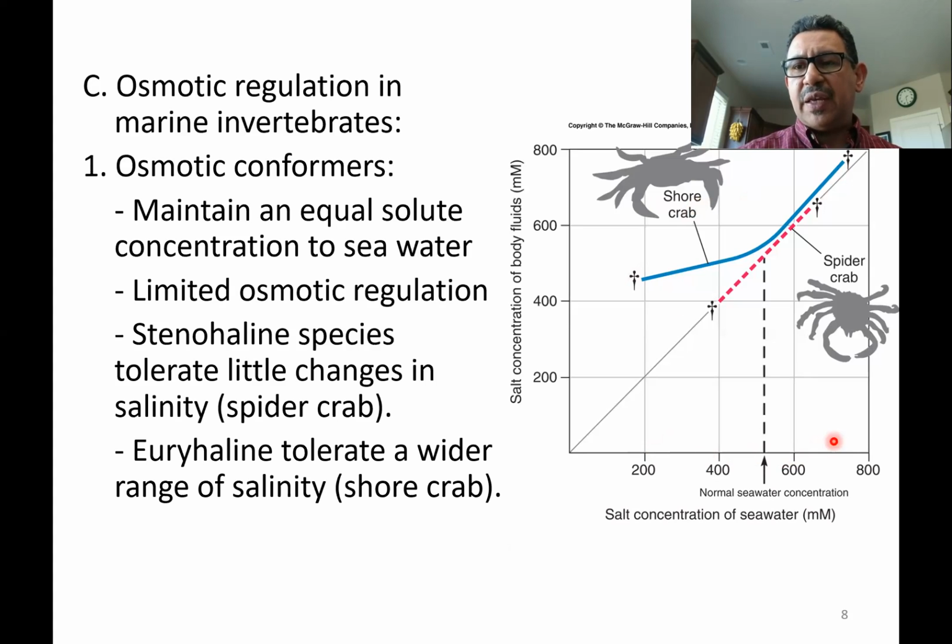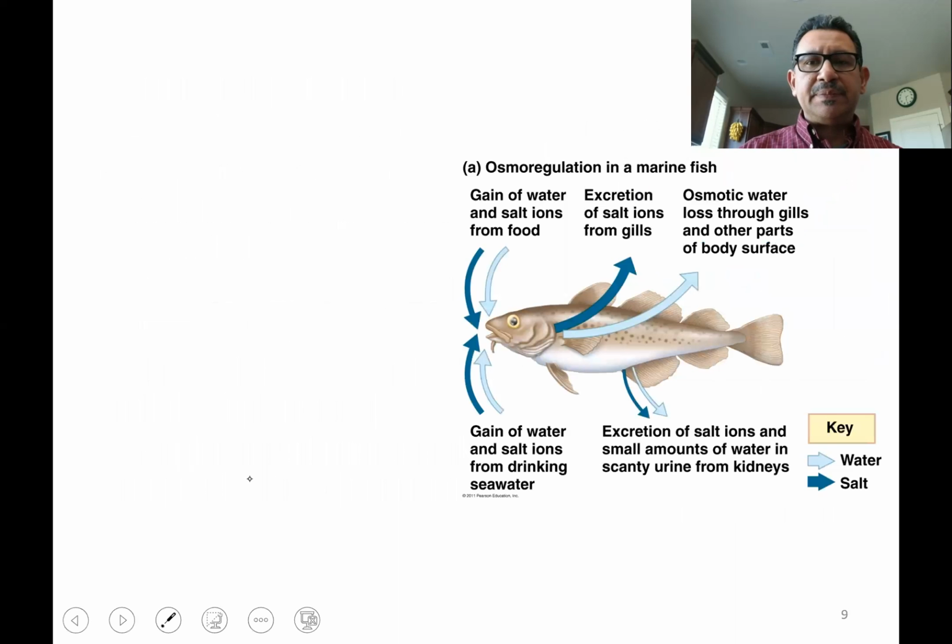It's going to be almost like a 600 micromoles change, as opposed to only the 200 we saw before with the spider crab. So euryhaline means that they can tolerate a wider range of salinities.